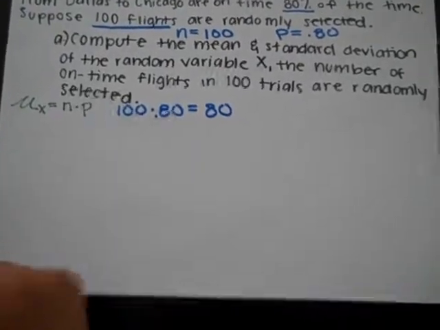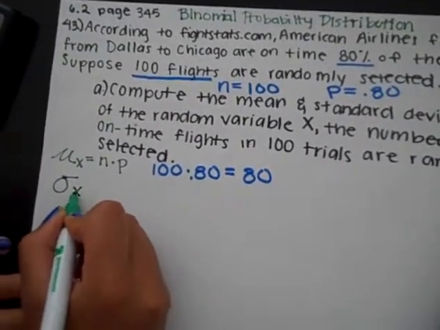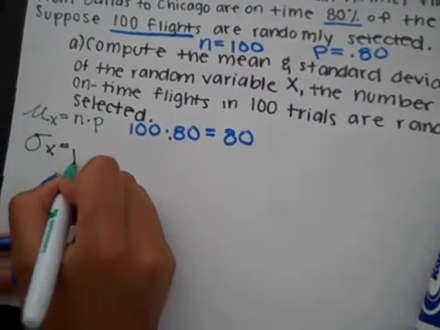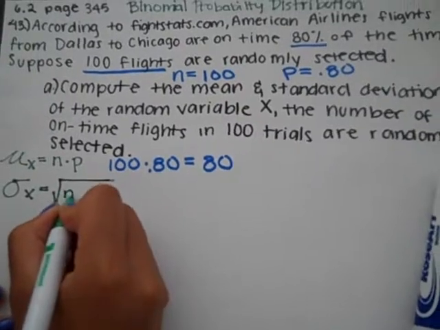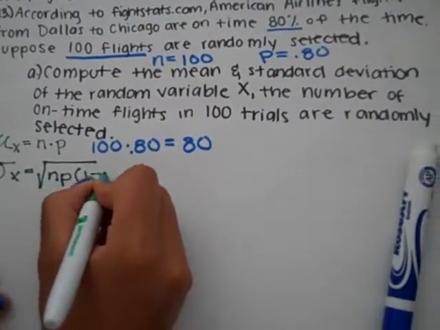To compute the standard deviation of x, you go standard deviation equals the square root of n times p times 1 minus p.